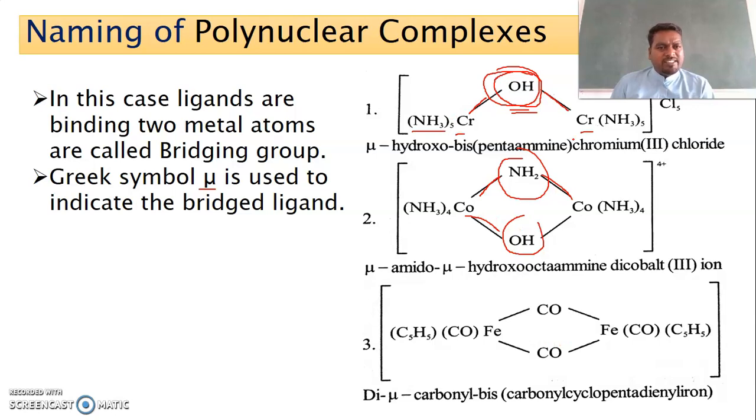Take compound number one here. The central metal atom is chromium, ammine is a terminal ligand, chloride is the counter ion, and OH is the bridged group. So the name is mu hydroxo, because the ligand name comes first: mu hydroxo bis pentaammine chromium 3 chloride.